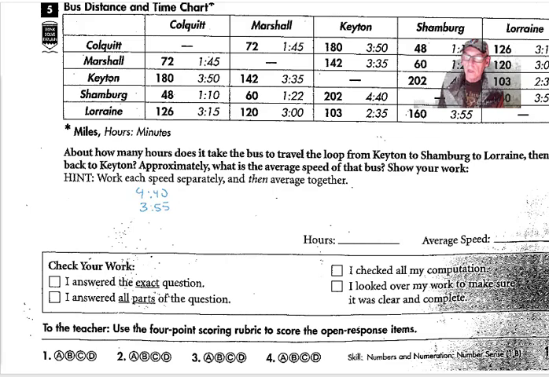Schaumburg to Lorraine is 355. And then Lorraine back to Keaton, Lorraine to Keaton is 235.